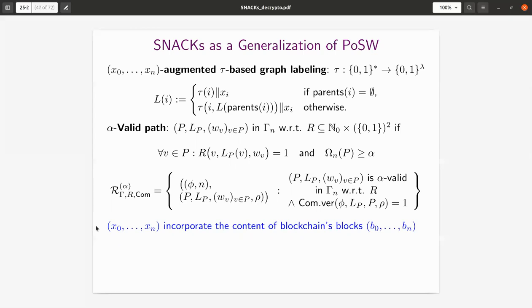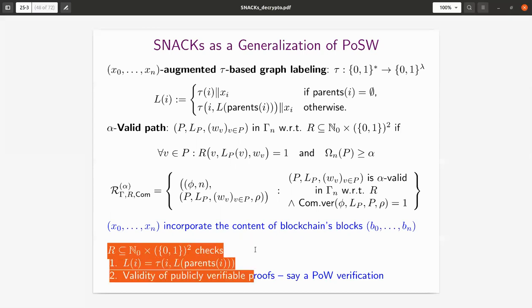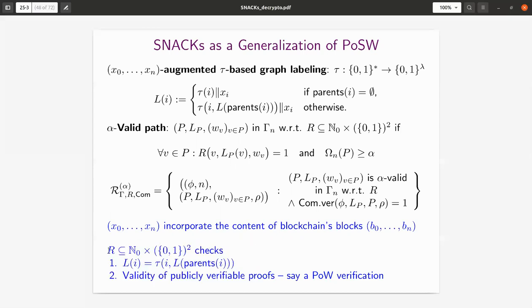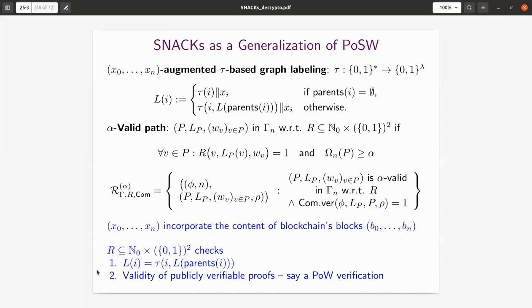And the second important thing that we need is to also allow for more general relations R. The relation R that we considered before was only checking the validity of labels. While here we also need to make sure that, say, in each node, the ith node, it not only contains a valid proof of sequential work label, but also a valid proof of work.